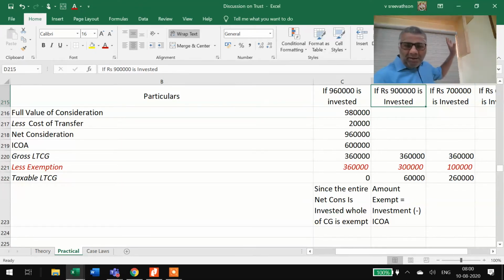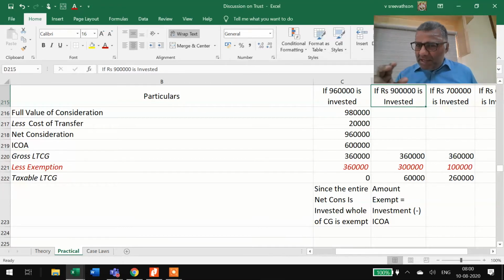In one year, when you invested some 4,50,000, which became 6 lakhs, I gave the exemption for that quantum. Over and above, if you invest anything, I will. If you have invested the entire net consideration, I accept. But where you are investing only part of your net consideration, the lawmakers are very clear.